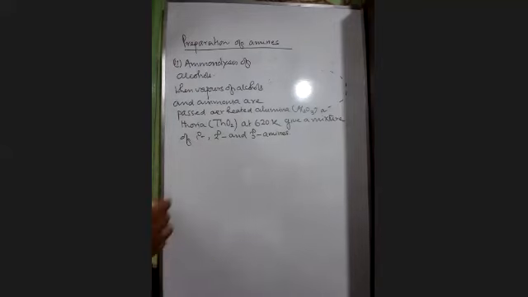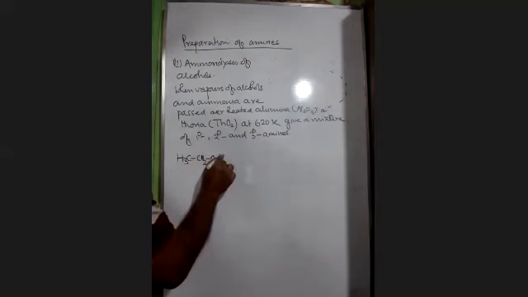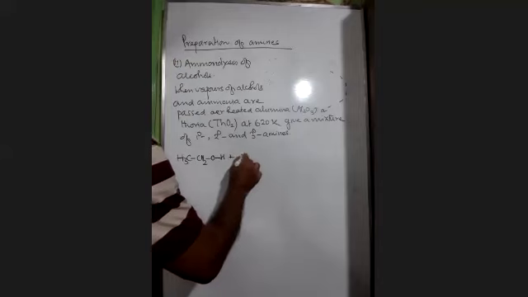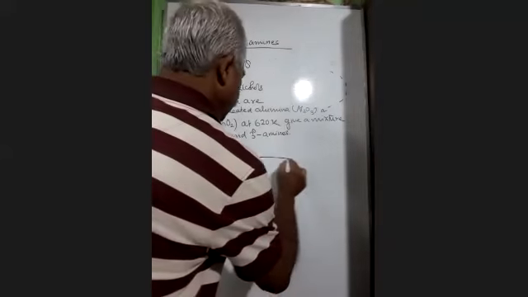Instead of Br, you put OH. So I'll write here CH3CH2OH and NH3. Condition is what?